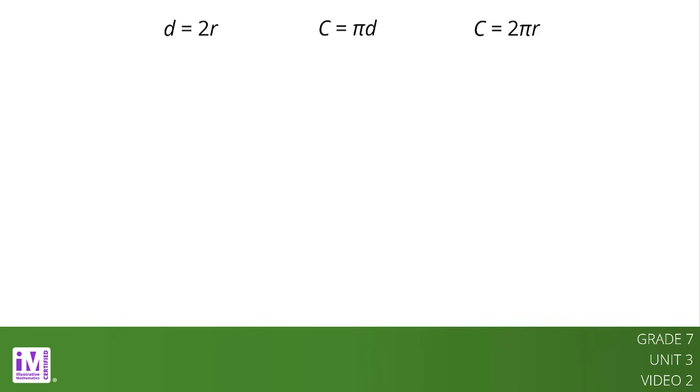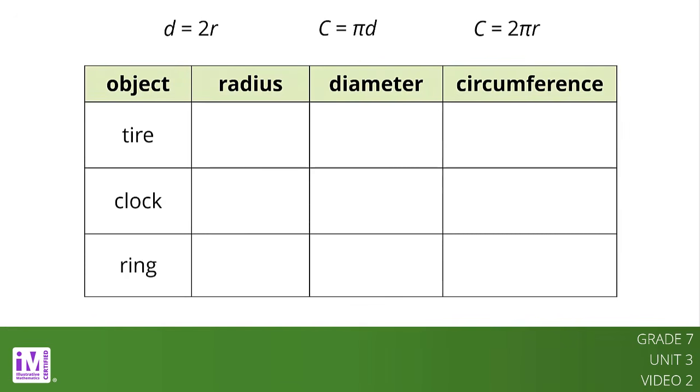Let's look at 3 examples. If the diameter of a car tire is 60 centimeters, that means the radius is 30 centimeters. And the circumference is 60 times pi, or about 188 centimeters.